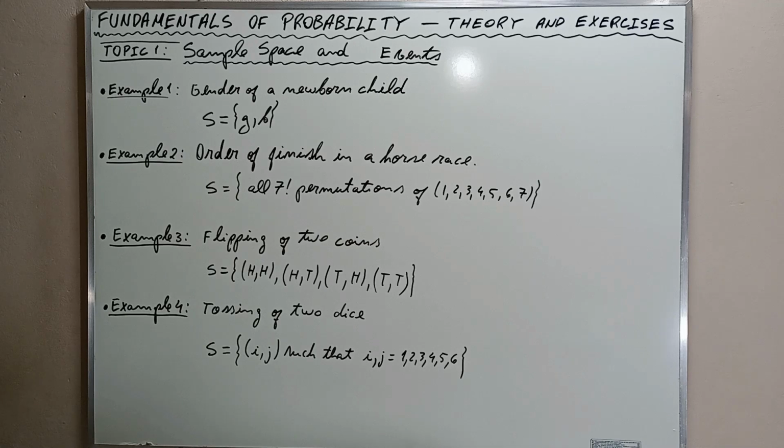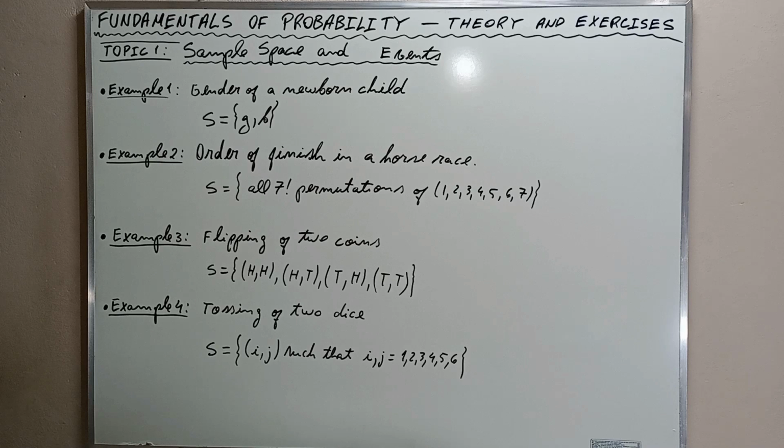Example number 2. If the outcome of an experiment is the order of finish in a race among the 7 horses having post positions 1, 2, 3, 4, 5, 6, and 7, then the sample space will be all the 7 factorial permutations of 1, 2, 3, 4, 5, 6, and 7.